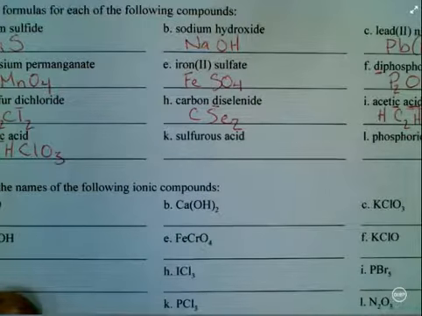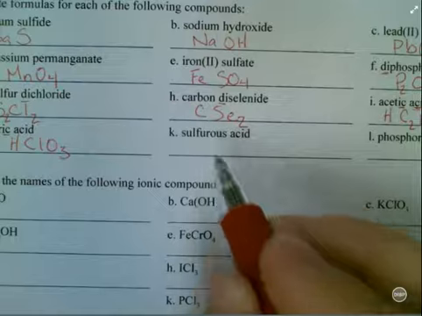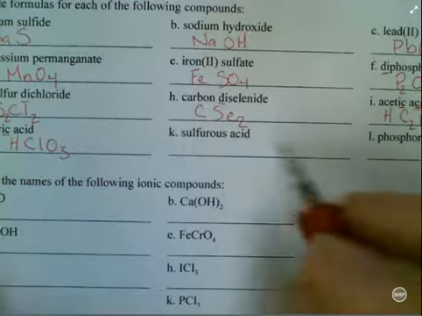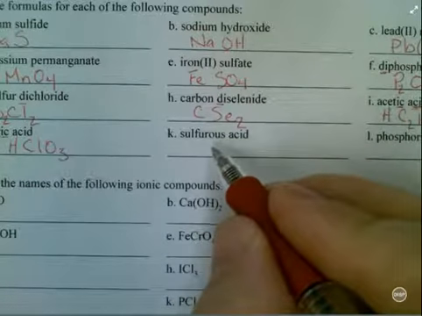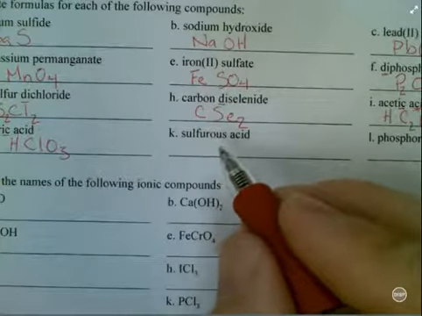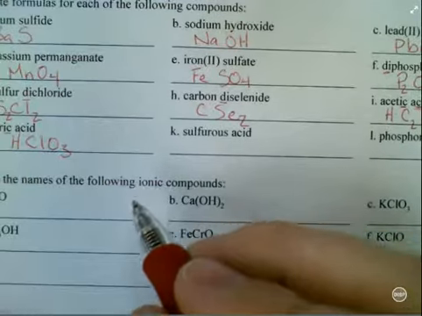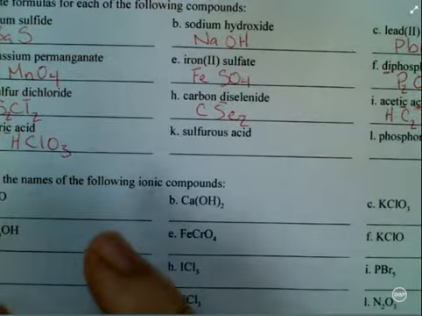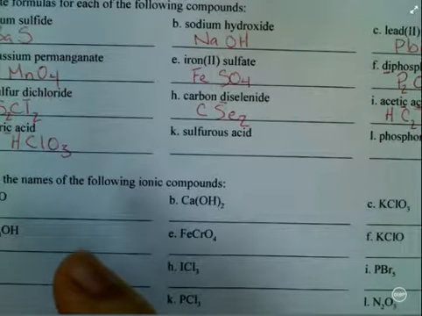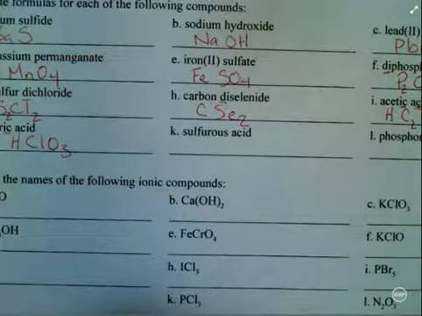Sulfurous acid. Now, this is very tricky. Sulfurous, you might think, that's just a sulfur ion, you just have a sulfur ion with some hydrogen in front of it. That is incorrect. Anytime there is not the prefix hydro, that's going to be a polyatomic ion.